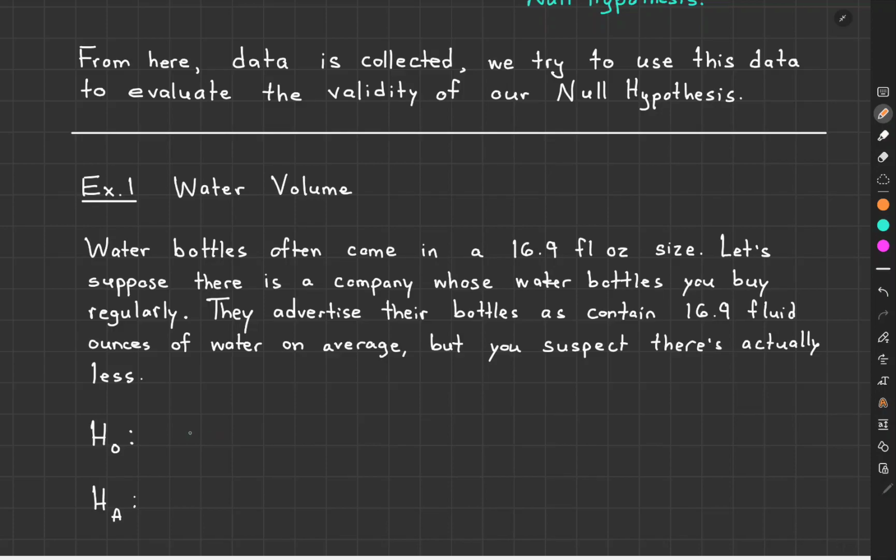So in this case, the null hypothesis is going to be your base claim, which is made by the company, that there are 16.9 fluid ounces of water in each water bottle on average, right? We know it's not going to be identically 16.9 every single time.